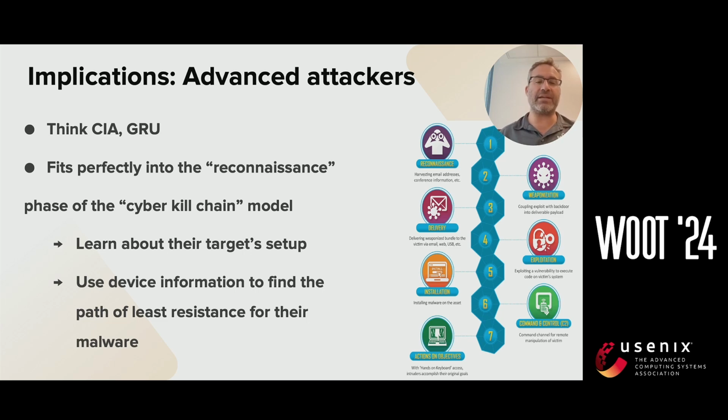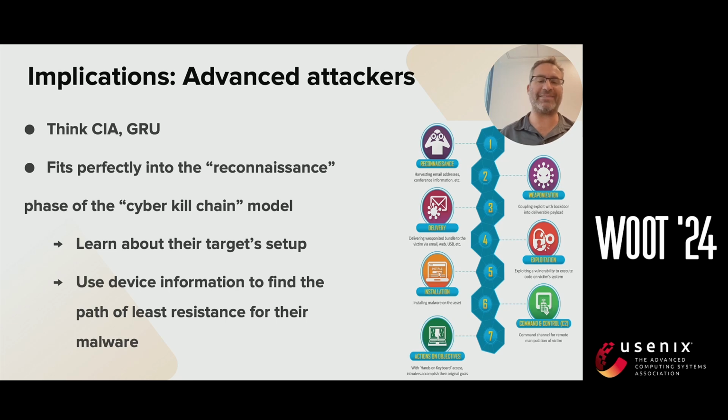Every campaign against their targets starts with reconnaissance. They learn about their target's devices. So this fits perfectly, because an advanced attacker can learn about their target's setup, see how many devices it has and changes to that, and use device information to find the path of least resistance for the malware.